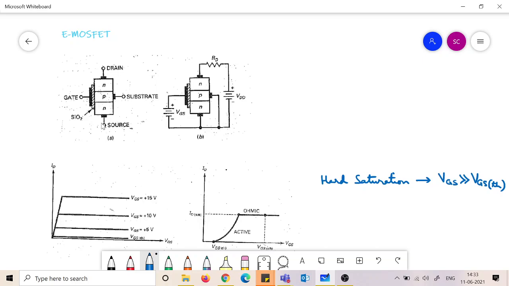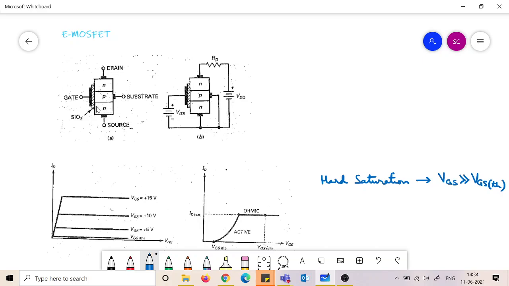A more negative potential would be there in the source and substrate. So that would draw holes from this region towards the right hand side, from the left to the right, and at the left there would be a region created which is devoid of these holes.